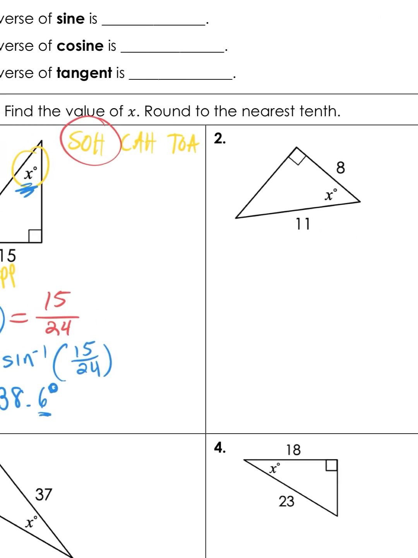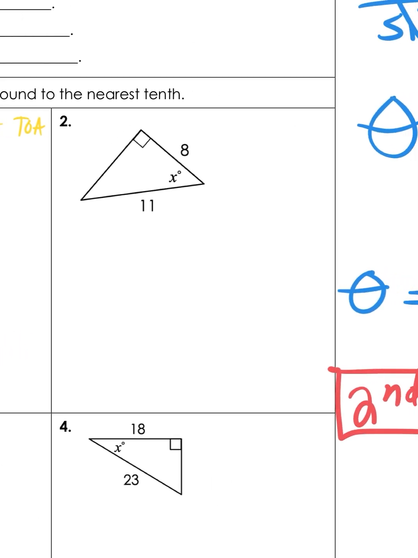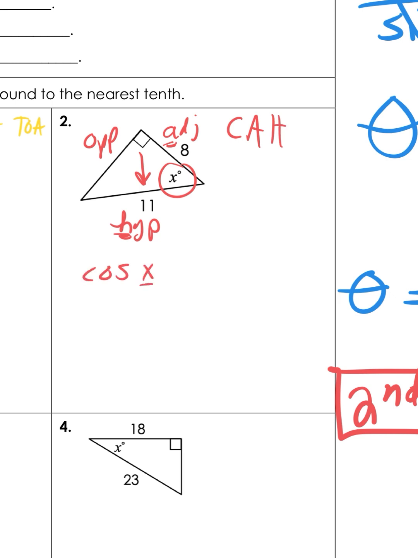Okay, so let's work another example. So this next example, we're going to use a slightly different equation. So we're going to label this triangle with respect to x. So that would be opposite over here, adjacent over here, and then this, of course, is the hypotenuse. It's the one opposite from the 90. So since I have A and H, I'm going to use CAH, or cosine, right? Cosine of x. I don't know what x is.